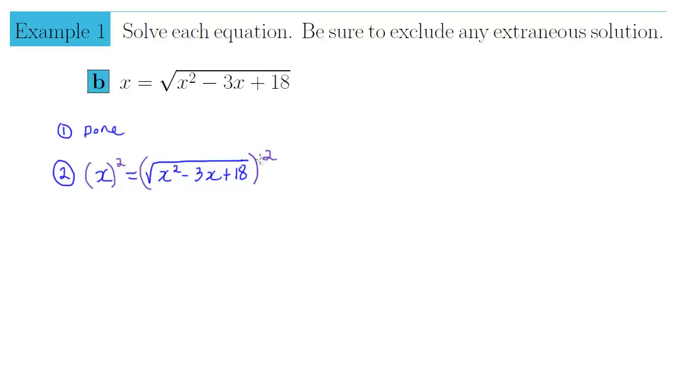On the right side, the square and the square root reverse each other and leave me with whatever is underneath. So in this case, the expression underneath is x squared minus 3x plus 18. On the left side of the equation, I have x squared.